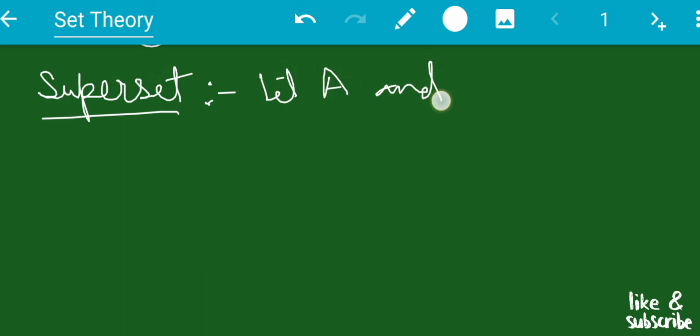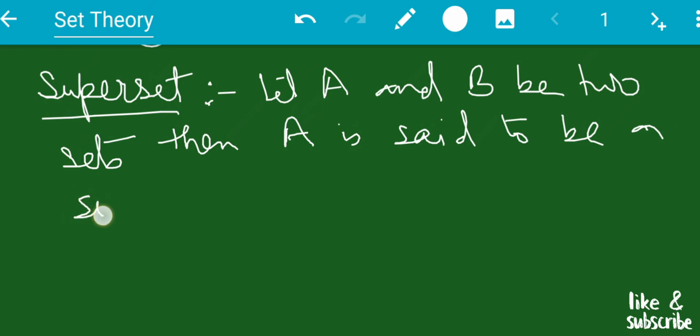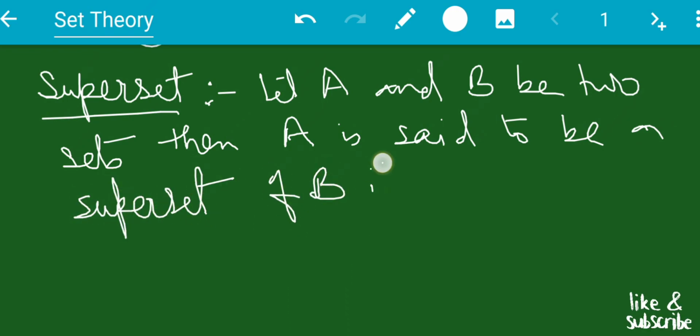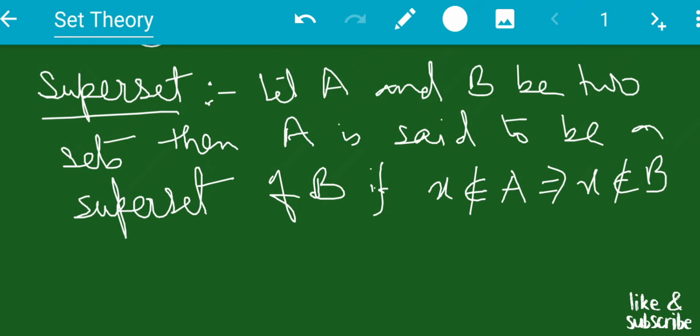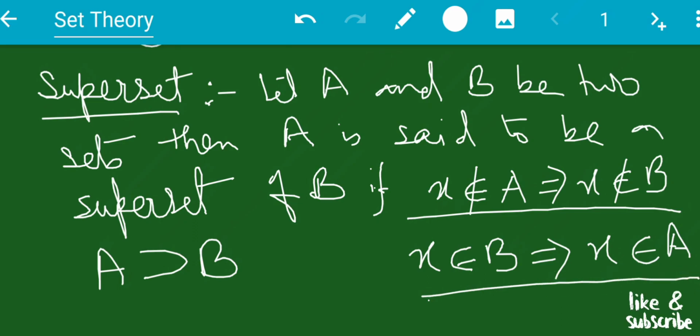Let A and B be two sets, then A is said to be a superset of B if x does not belong to A implies x does not belong to B. In that case we write A superset of B. This is the same as saying x belongs to B implies x belongs to A. Logically these two statements are the same. So we write superset if B is properly contained in A.